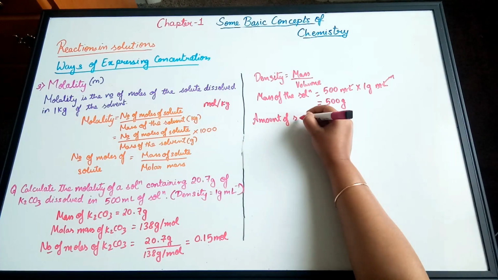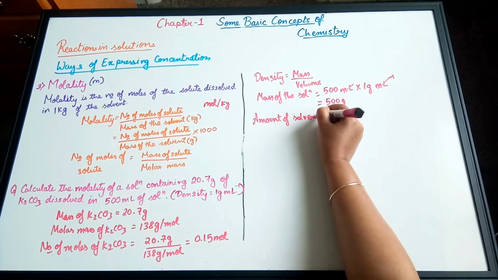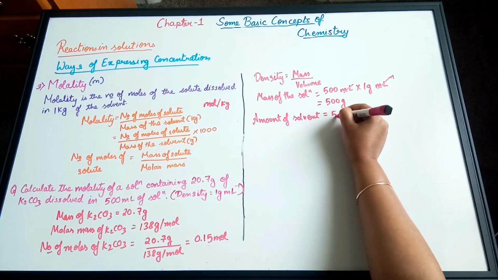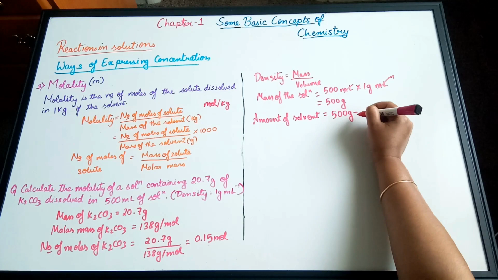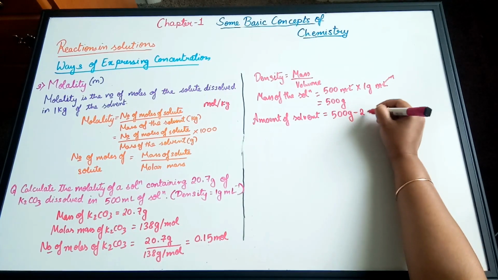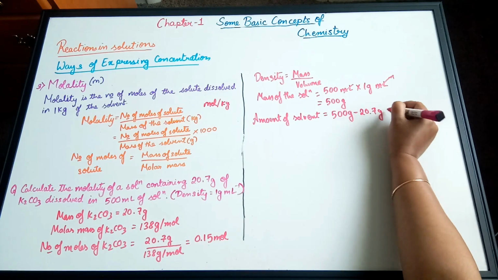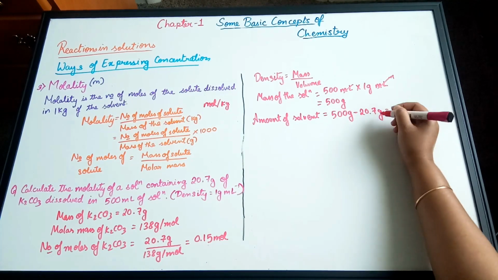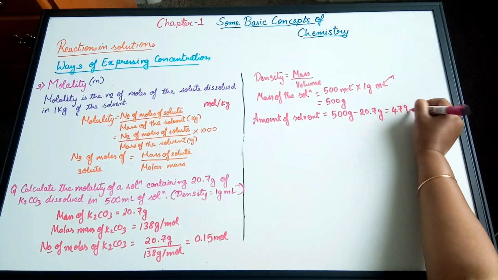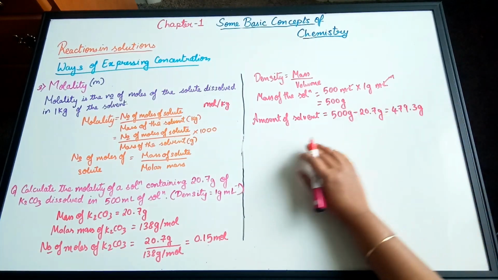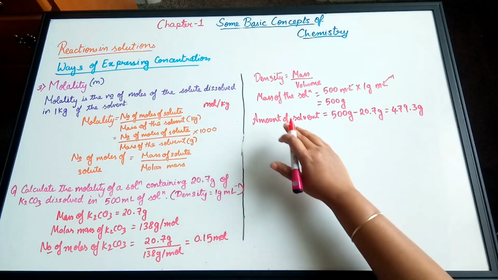So the amount of the solvent will be equal to 500 grams minus the mass of K2CO3, which is 20.7 grams. This is equal to 479.3 grams. So here we had to calculate the amount of solvent.